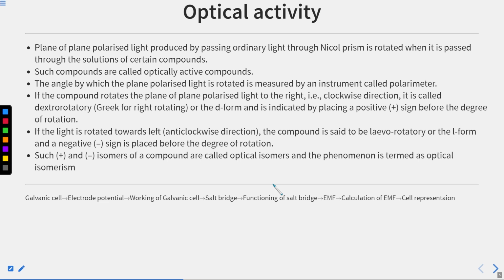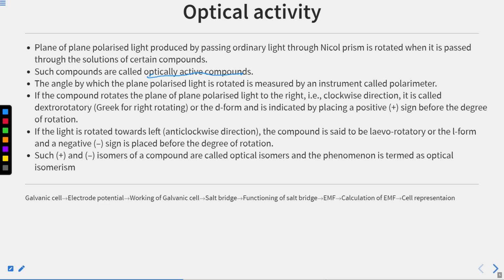And if it is passed through a solution of certain compounds, and that light is rotated, then such compounds are called optically active compounds. Plane polarized light is sometimes abbreviated as PPL. If you pass PPL through a Nicol prism and then through the solution of the compound, and you find that the compound is showing rotation, or the light is being rotated or deflected by some angle, then that compound is termed an optically active compound.